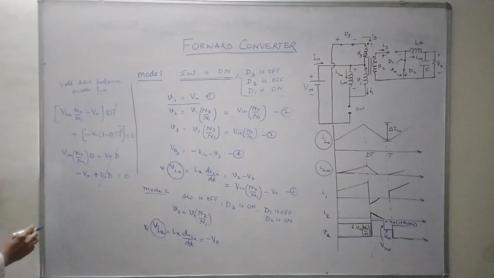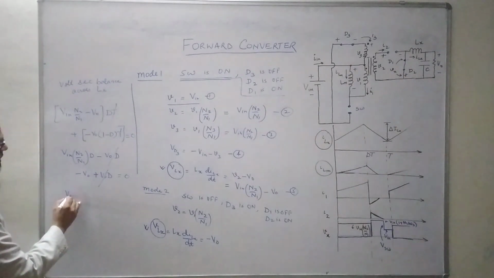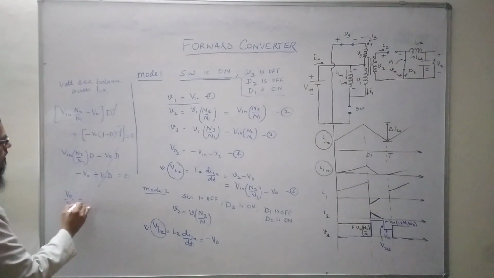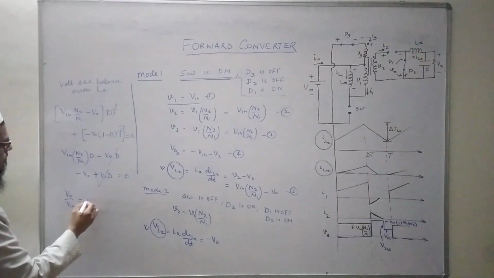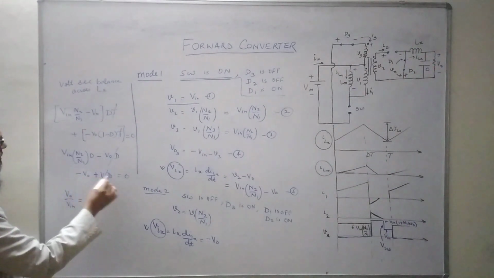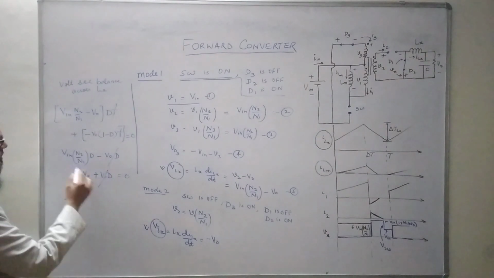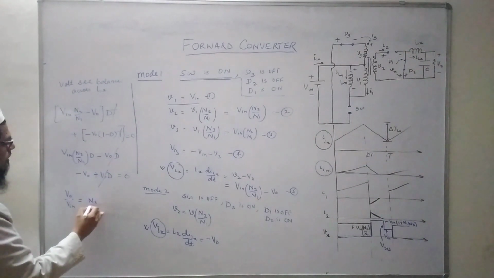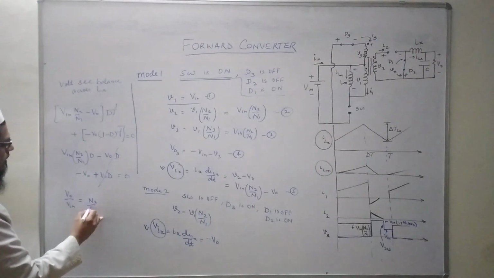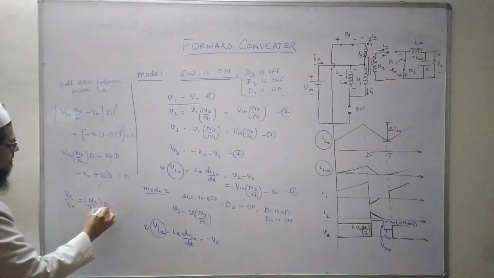These two terms get cancelled, so finally I will get VO by V in will be equal to N2 by N1 times D.